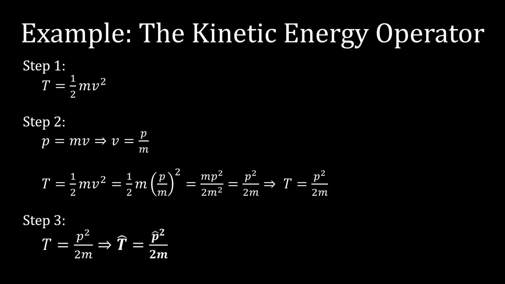And also our kinetic energy, instead of T, we'll replace that with an operator as well. So finally, we get that our kinetic energy operator, T hat, is going to be equal to p hat squared divided by 2m. And again, this is just one example, but this is the general procedure we'd use to get most quantum mechanical operators. We would just base it off the position and momentum.